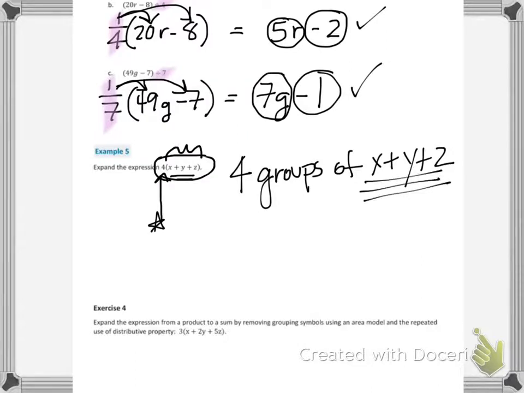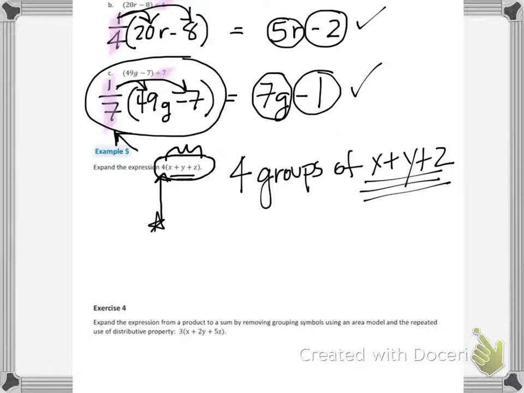If we look up here, for example, C, in this case we have 1/7 of this group. Of this right here, 1/7 of it, and you can see that's what actually happens when we take it out and distribute it.